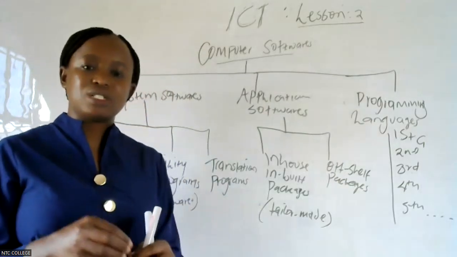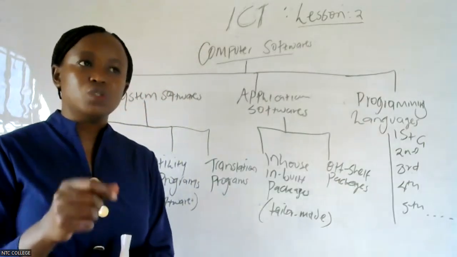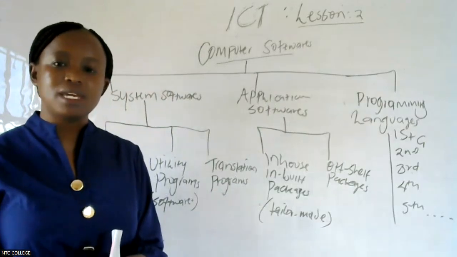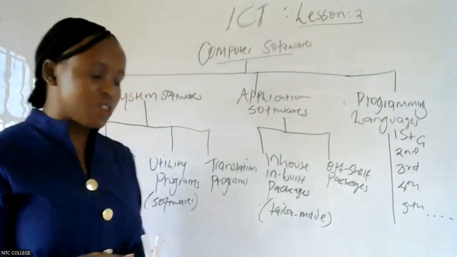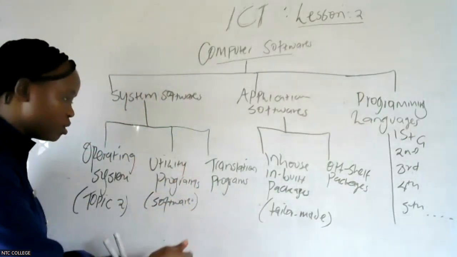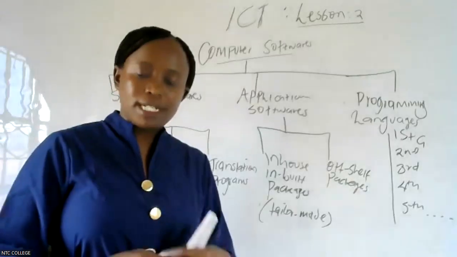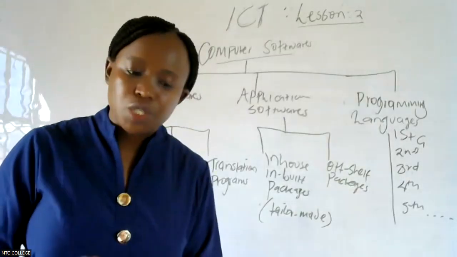And for these resources to be properly used by the intended users, they have to be properly utilized. So these are programs or a group of software whose work is to ensure there is proper coordination on how we are utilizing them.